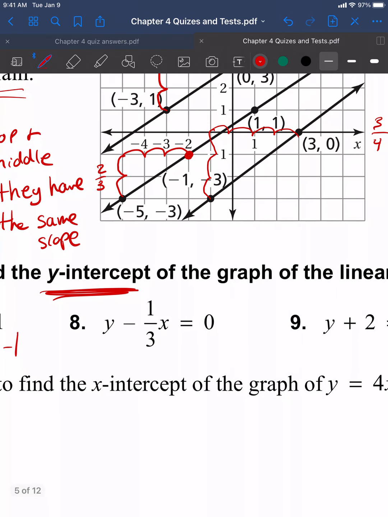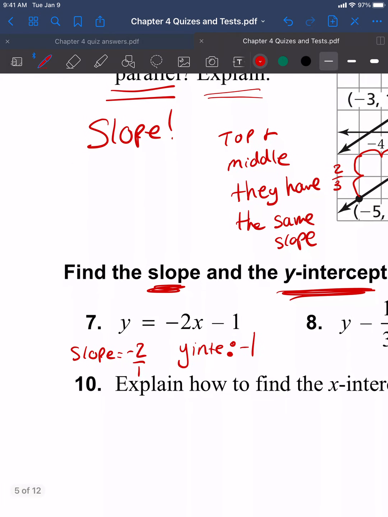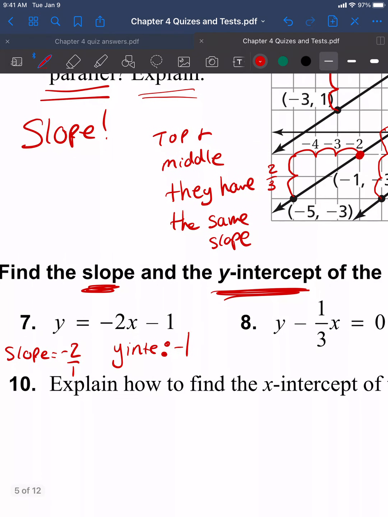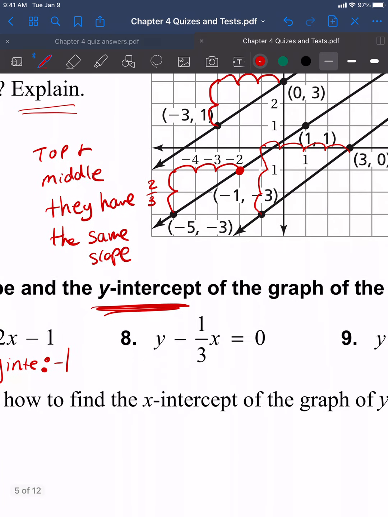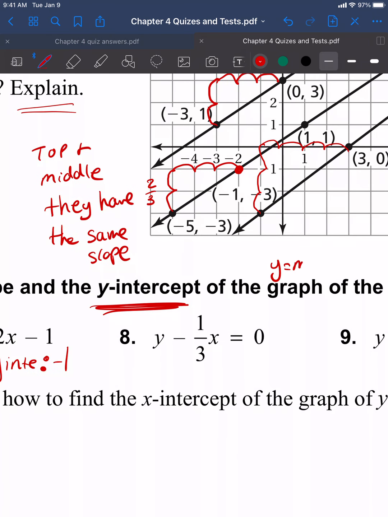Number 8. What do you guys notice about 8 that's different than 7? Does it look like y equals mx plus b? No, this looks like y minus mx equals b. How can I change this equation so that it looks like y equals mx plus b? You add 1/3 x over. So if I do the opposite of what the whole thing is and put it on both sides, that's my best way of getting it over there.